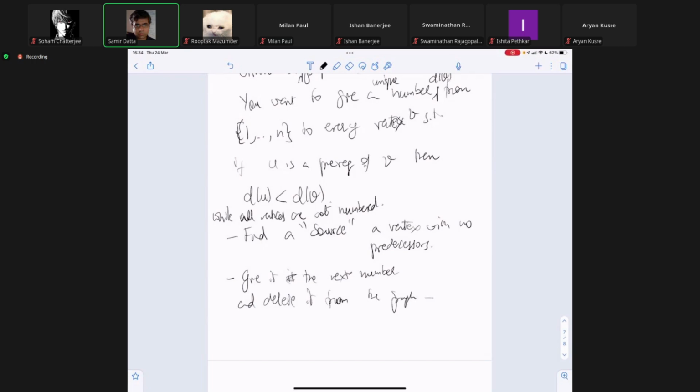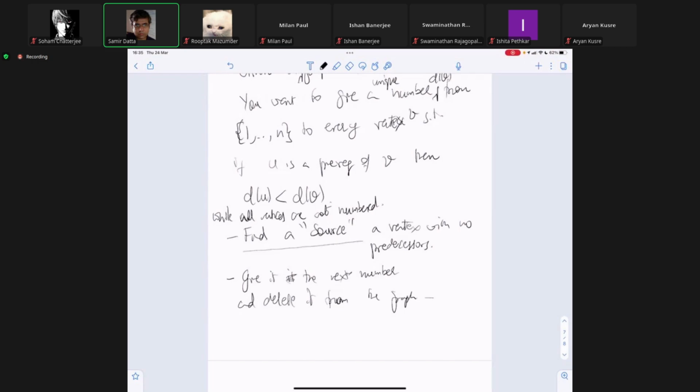I've not yet told you how to implement this algorithm formally, but at least a naive implementation you can think of. You take this graph G, which is promised to be a directed acyclic graph. You find a source in the graph, and we will say why this source exists in a minute.